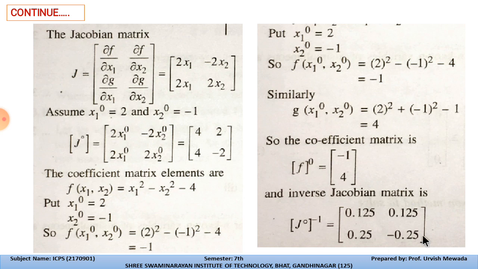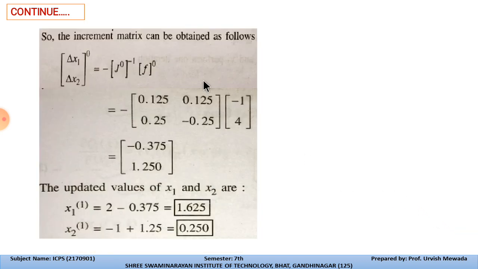Now the increment matrix can be obtained as follows: delta x1 and delta x2 raised to 0 is equal to minus J raised to 0 raised to minus 1 times function f raised to 0. These two are the values that we have in matrix form. So that is 0.125, 0.125, 0.25 and minus 0.25, and this is the minus value, so that's why the minus is indicated over here.